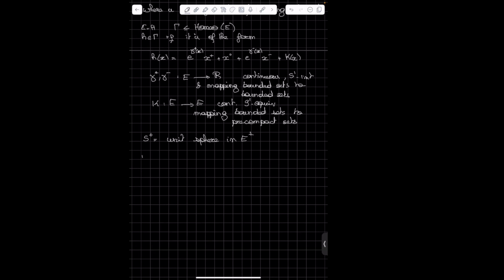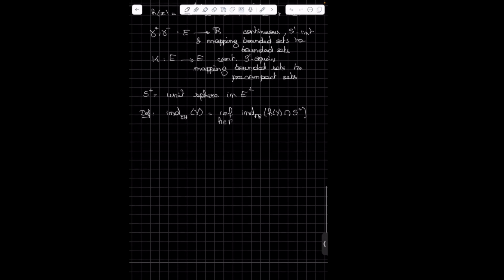Right, and now the definition: the Ekeland-Hofer index of Y, where Y is an S1 invariant subspace in H1/2, is defined as the infimum over all homeomorphisms in my subgroup gamma of the Fadell-Rabinowitz index of H of Y intersected with S plus.